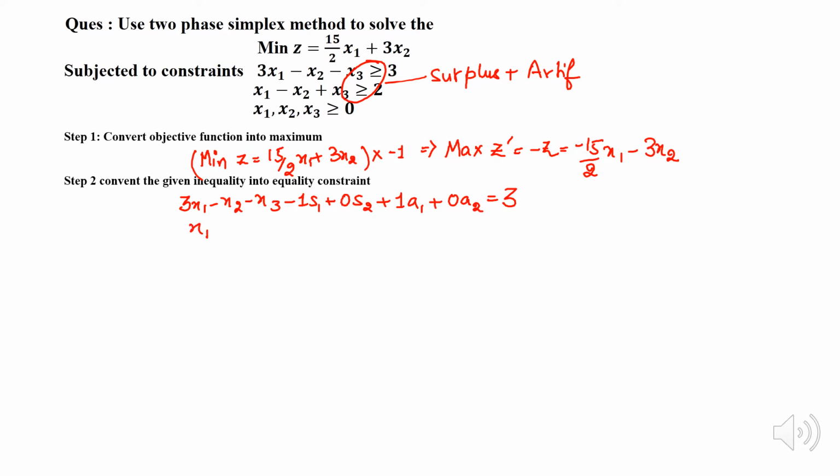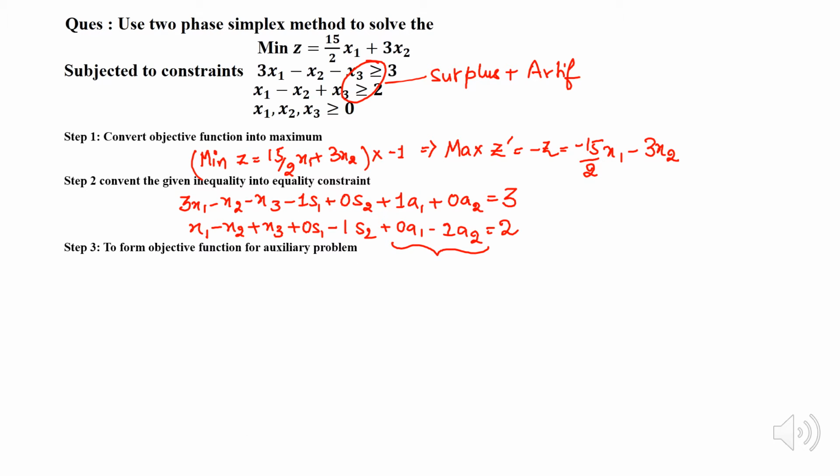So the second equation: x1 minus x2 plus x3, 0s1 minus 1s2 plus 0a1 minus 1a2 is equal to 2. Okay, so that's how we have converted the basic matrix into an identity matrix by using artificial variables. Now the next step is to form the objective function of the auxiliary problem that we are going to use in step 1.